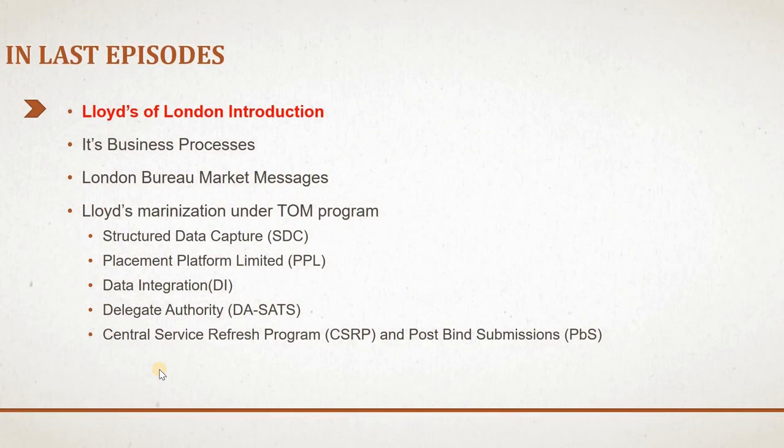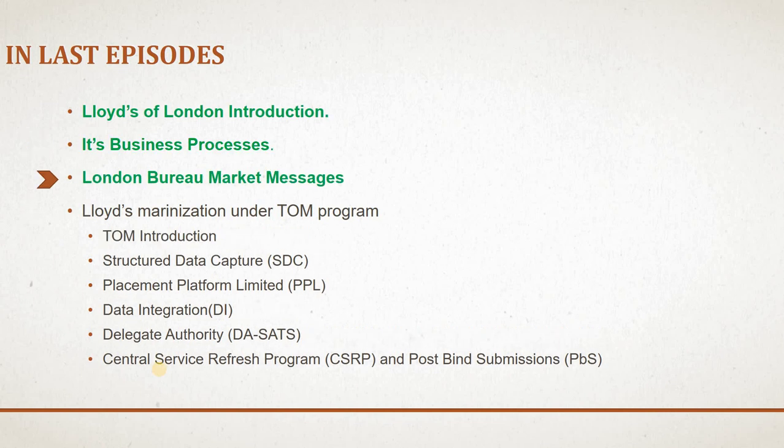Before we start, let's see what we have discussed so far. So far we have discussed the introduction, Lloyd's of London and the London Market, and then the various business processes within Lloyd's of London, IUA and LMA.